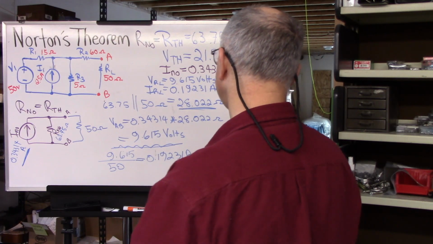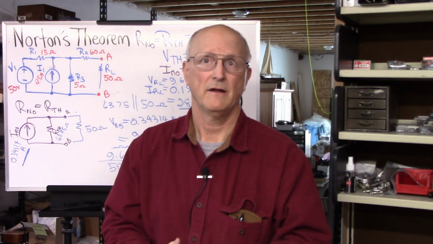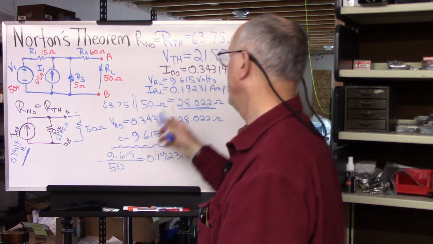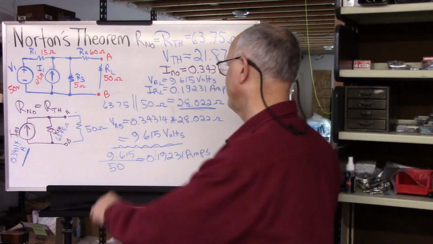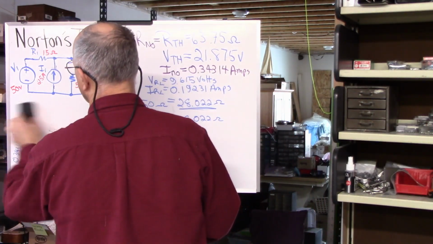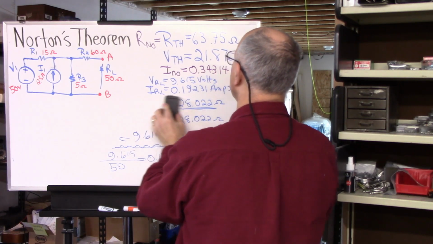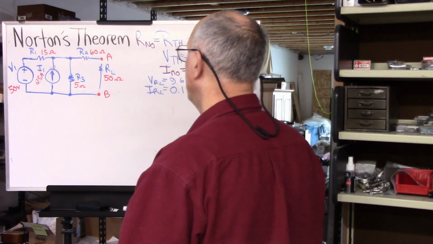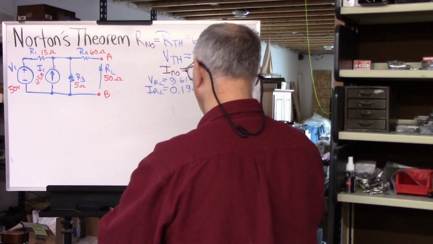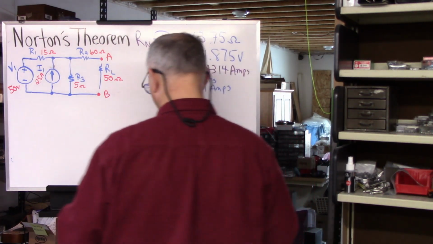Wow. Now, if you happen to have watched the video on Thevenin's theorem, these numbers are going to look really familiar. So here we are again. We're going to go back through and we're going to verify that we're correct.